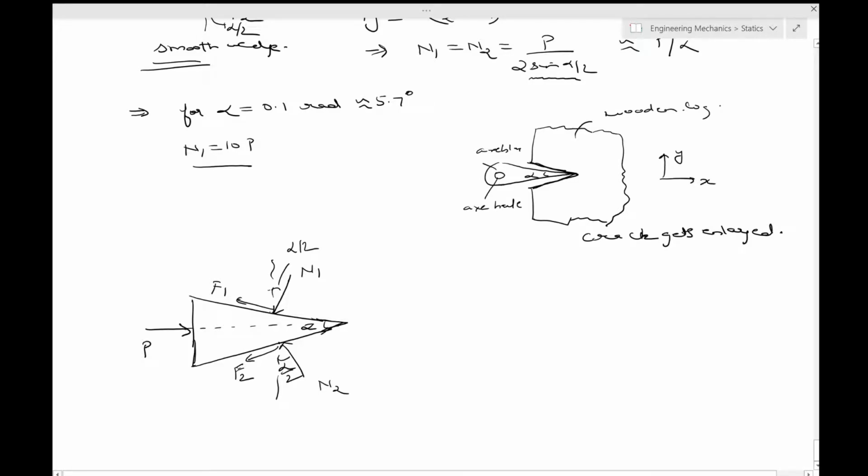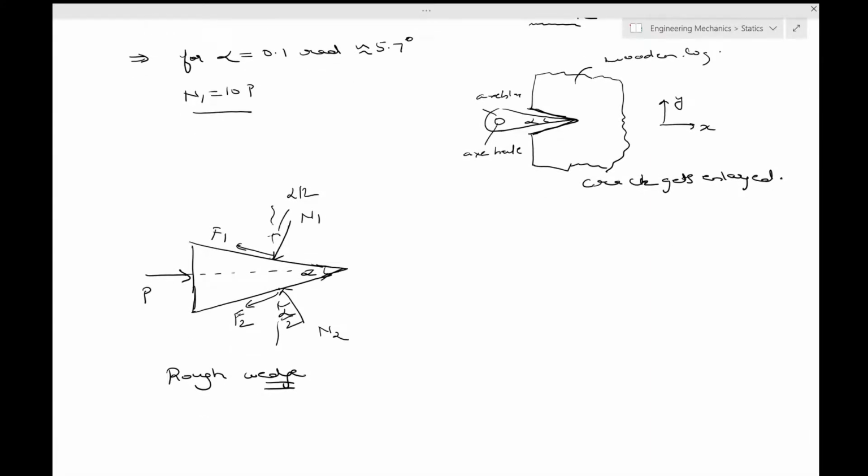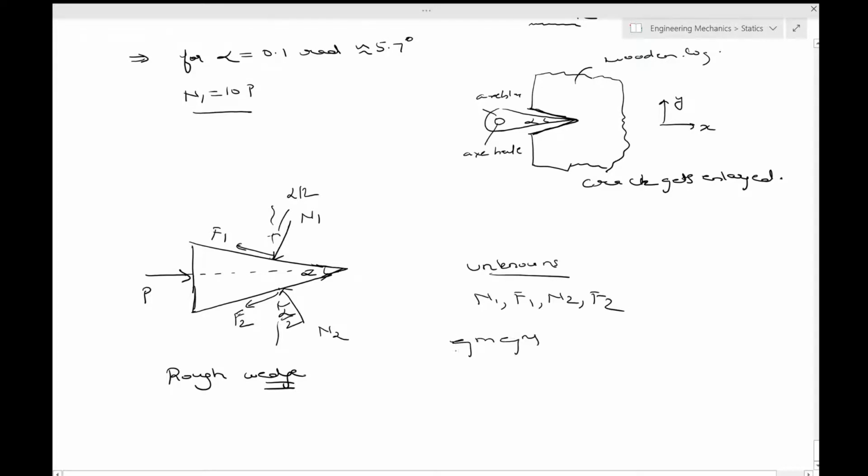Okay, so this is a rough or non-smooth wedge. In this case, let's see the unknowns in this one. That is N1, F1, N2, F2. Okay, equilibrium equations, Fx equal to 0, Fy equal to 0.